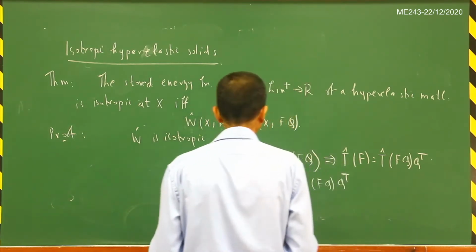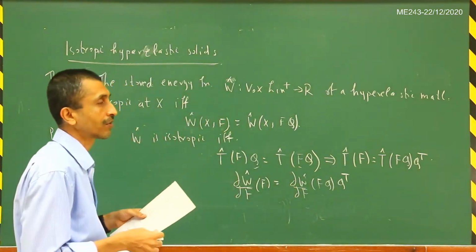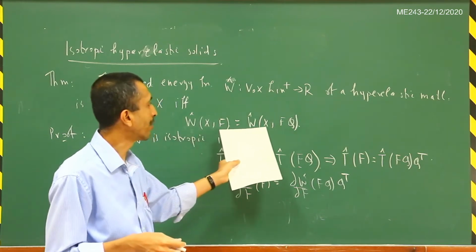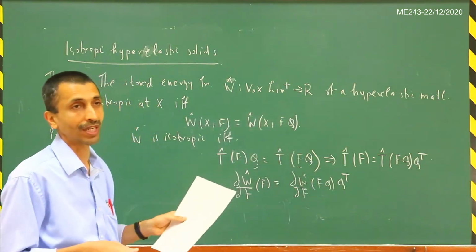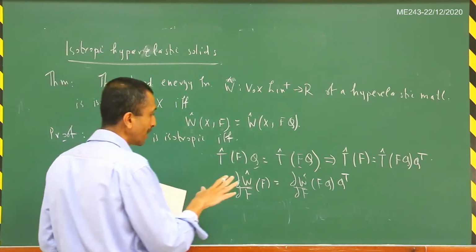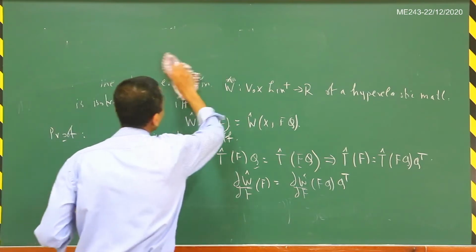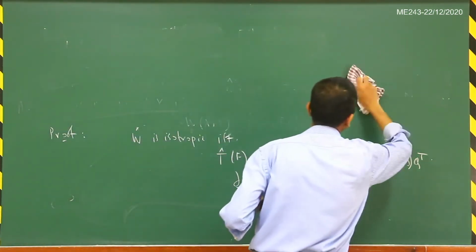And then the proof is very similar to the case where we showed that W hat of X comma F is equal to W hat of X comma Q F, in the case of material frame indifference. So we will define this function W_Q, and the steps are very similar to that earlier proof.